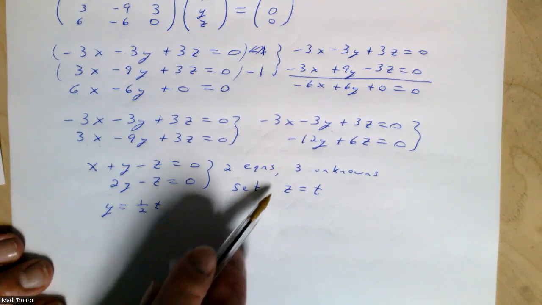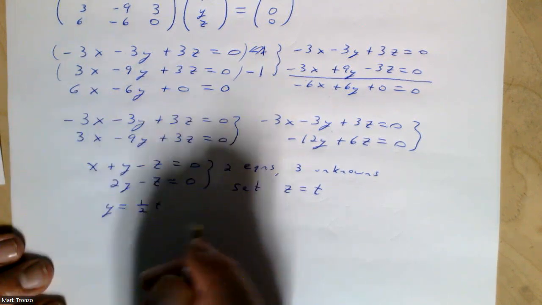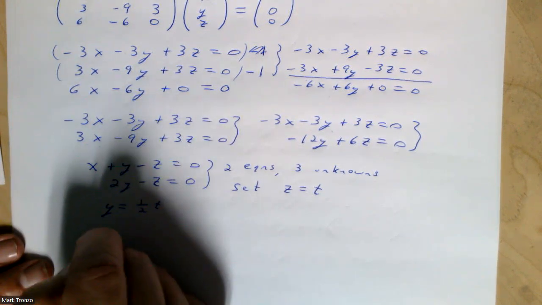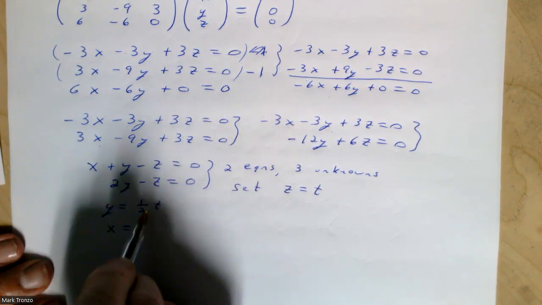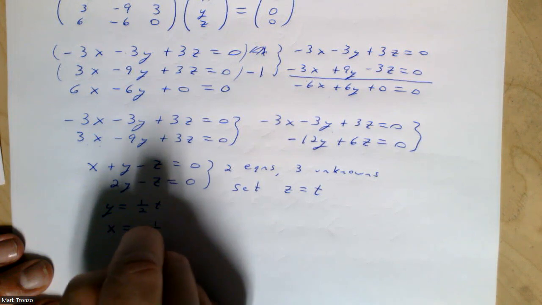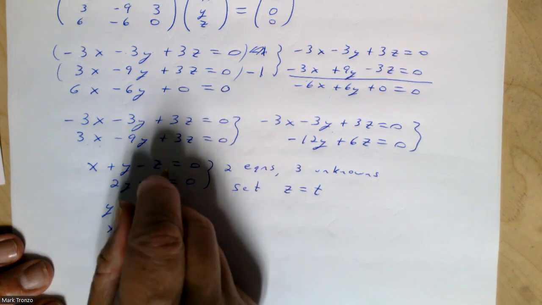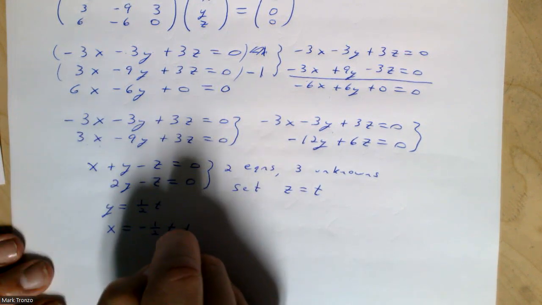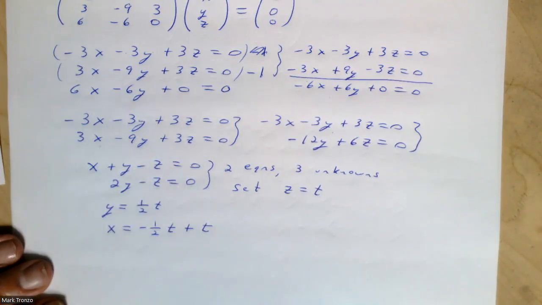And then if we put t in here and this in here, it's going to give us x equal minus 1/2 t. And then we bring that over, so it's going to give us a positive t, if I did that correctly.